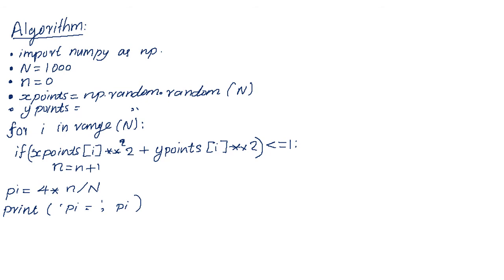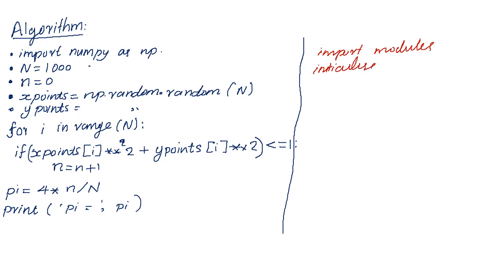So the algorithm is really simple. We just import all the modules. The first step is to import modules. If you need to plot, you have to import both NumPy and Matplotlib. Then initialize small n and capital N. Then generate N random x points and y points.